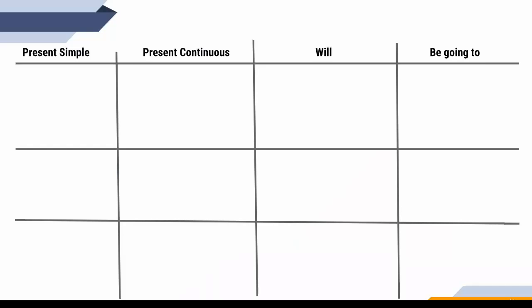As we speak about the future, you need to remember that there are future tenses and there are future forms. Starting with present simple, its future meaning is associated with scheduled activities and timetables. The plane arrives, the film starts, the class finishes.